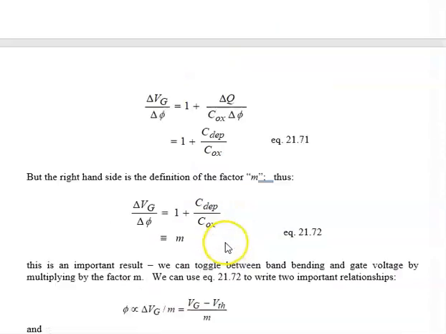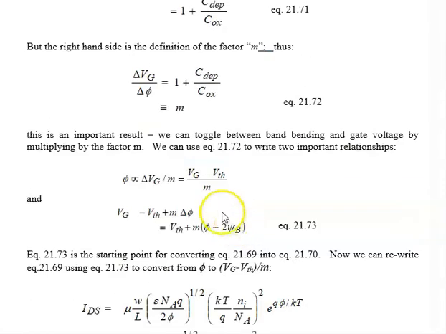Hopefully, this is just our dimensionless parameter M, which is always greater than 1. And this is an important result because it says that I can toggle between gate voltage and band bending simply by multiplying or dividing by the parameter M.